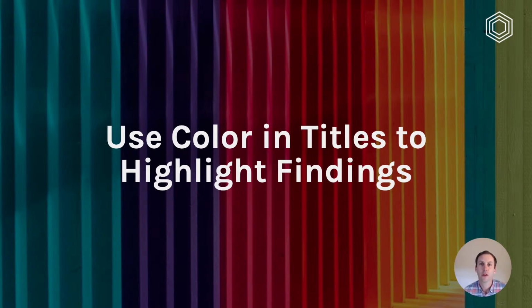Let's talk about another way to improve your titles. The title that we added last time was good in that it highlighted a finding. We can improve it even more by using color. Let me show you how.